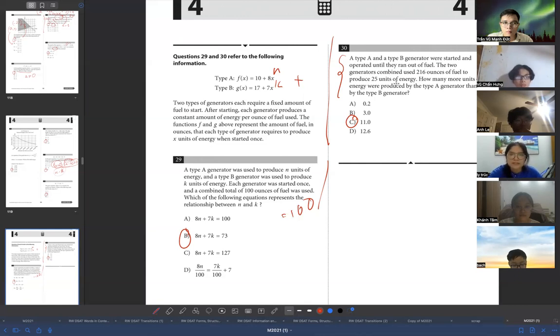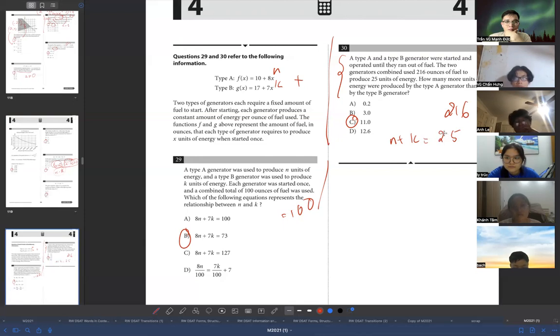The total of the Fn and Gk is 216. Okay, 216. And N plus K equals 25.